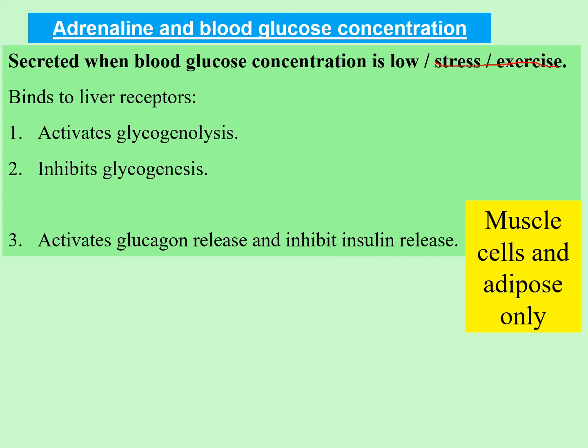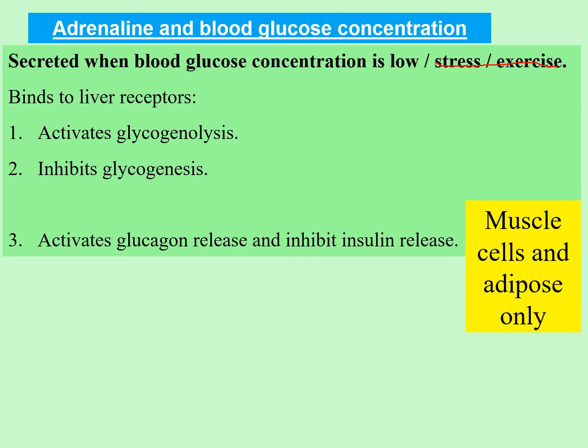What we're talking about is when your blood glucose levels are low, that is when adrenaline is released, and it binds to the liver receptors. So its target cell is the liver, so it goes through the blood from the adrenal glands to the liver. This then activates glycogenolysis, so it activates the breakdown of glycogen back into glucose to increase blood sugar levels, and it inhibits glycogenesis, which means that no glucose is being turned into glycogen.